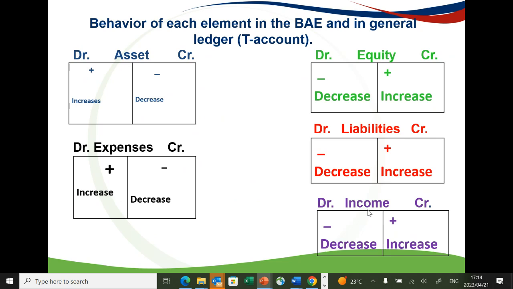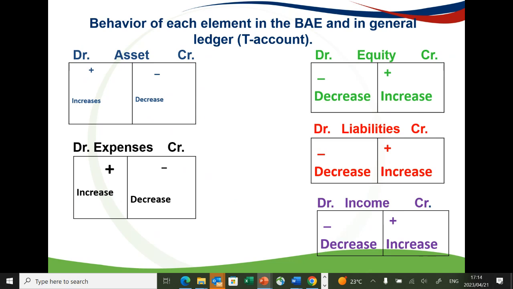The same goes for your income. Income increases on the credit side, so the amount will be sitting on the credit side, and to zero out that amount, you need to debit that income, and then you credit what? Your profit or loss. So closing off procedures, we are saying zero out the income and expenses accounts, and we've already highlighted on the previous slide the order that we do it.